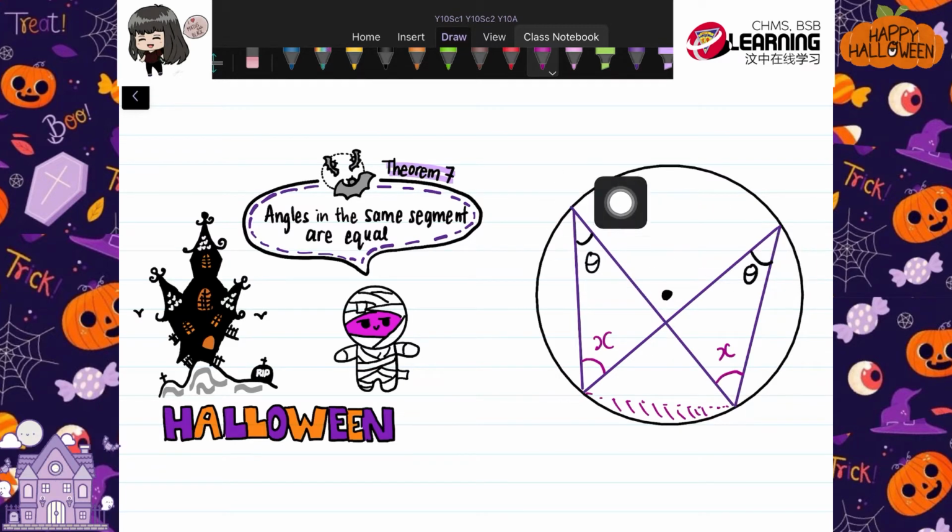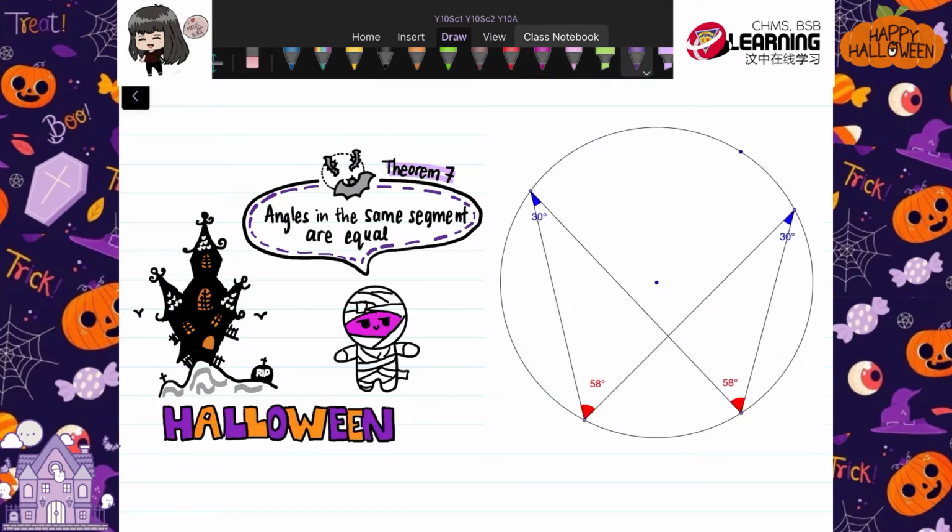So this angle and this angle are the same. And this angle over here and this angle over here are the same also because they have the same segment, and the segment is over here. The segment for the x angles is here. Whereas these two angles over here have the same segment, which is the segment over here. These two angles will be the same.